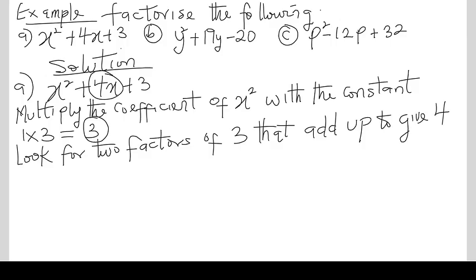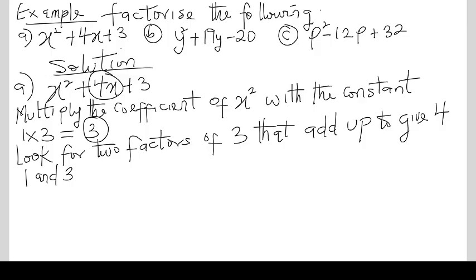What are the factors of 3? Factors of 3 means the numbers that can divide 3. So factors are numbers that can divide a bigger number. So the factors of 3, we have 1 and 3, because 1 multiplied by 3 is going to give us 3.